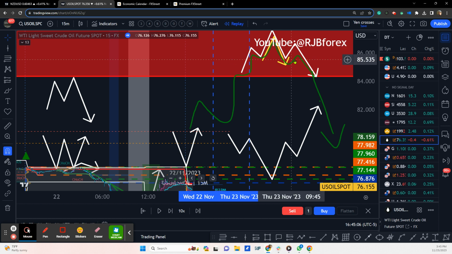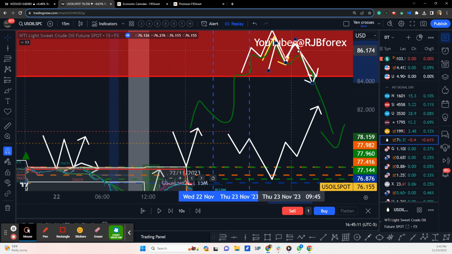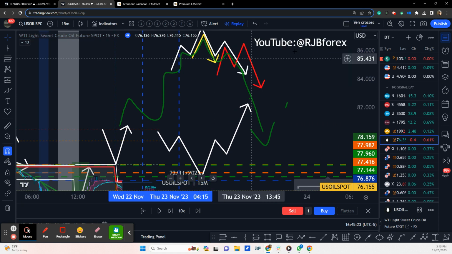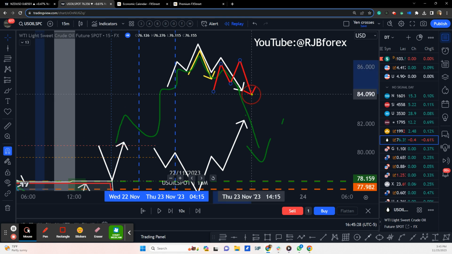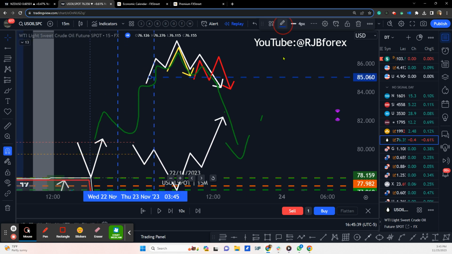And then over here, what we might have is an M formation on, say, the 5-minute chart. Okay. And then what we might get, and that defines our break of structure. So we've got a break of structure now.